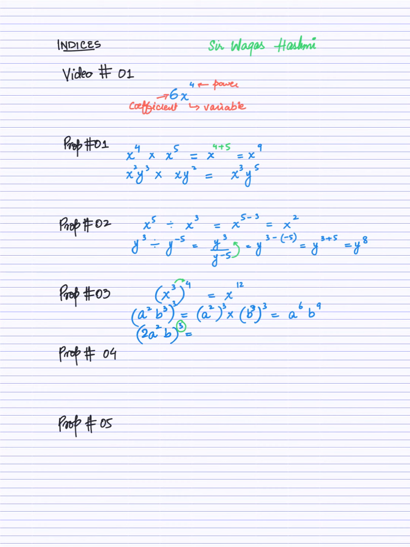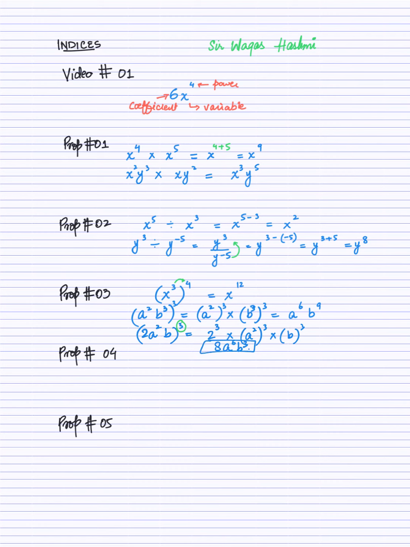So if I write it separately, it will be 2 to the power 3, multiply a square with whole power cube, multiply b with whole power cube. So now 2 cube is 8, a to the power 6, power multiplies with power, and b to the power 3, 1 3s are 3, so that is your answer.